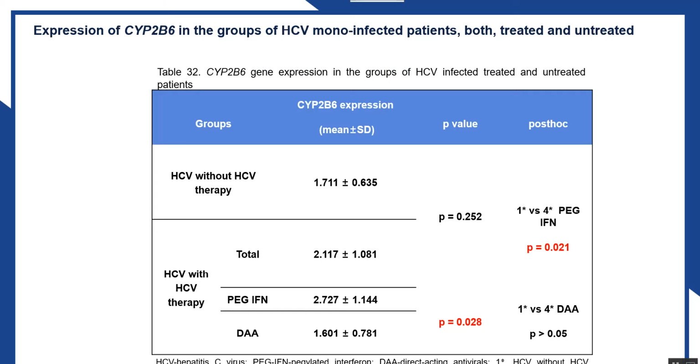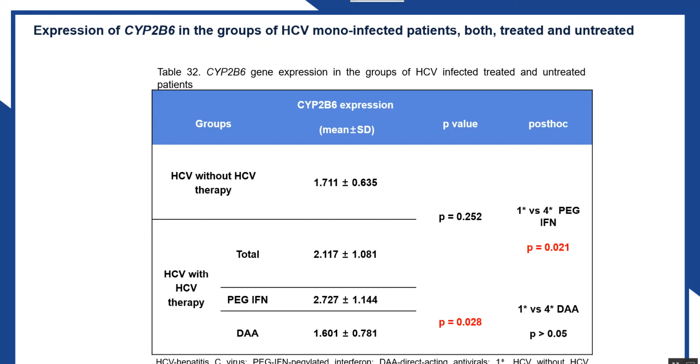When analyzed for CYP2B6 gene expression in a group of HCV monoinfected patients, both treated and untreated, there was no significant difference between groups of treated and untreated HCV patients in the expression of CYP2B6. But when the comparison was made between groups of treated patients, univariate analysis revealed that the choice of treatment was independently linked with CYP2B6 levels.